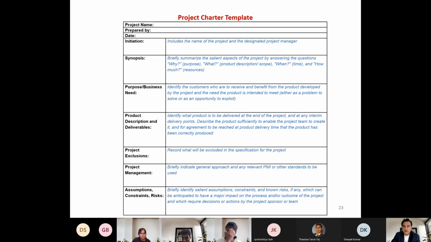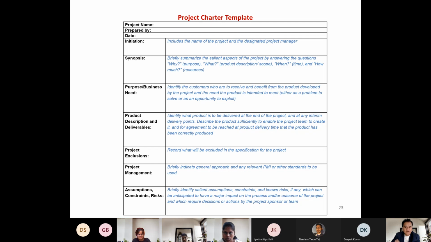So this is a typical project charter template. If you can't read it properly, don't worry. It has been uploaded, so you can download it from your team resources, but I will go through it in great detail. This is a simple template where you write the name of the project, who prepared it as project manager or program manager, and which date it is.